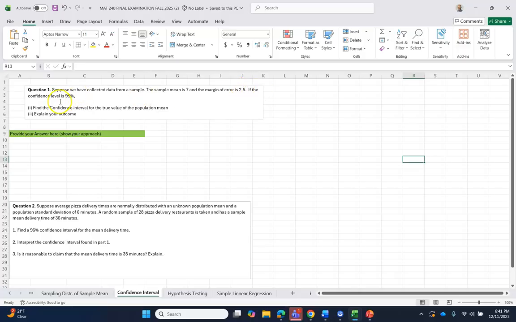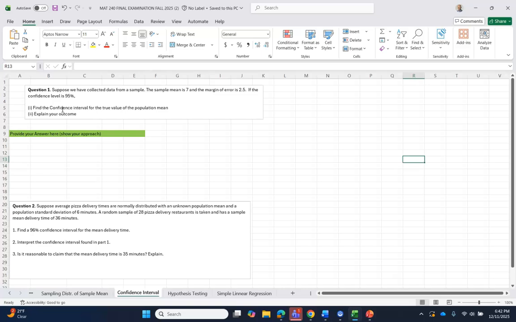If the confidence level is 95, then we need to find the confidence interval for the true value of the population mean and explain the outcome. You can see that the sample mean is our point estimate, and we're given the margin of error of 2.5, and also the confidence level, which is 95.